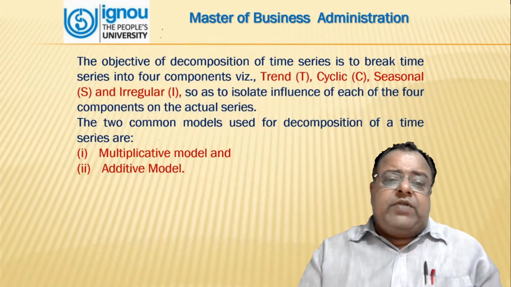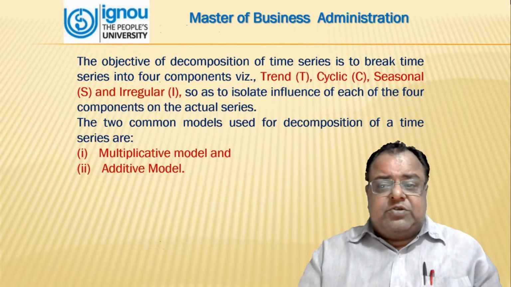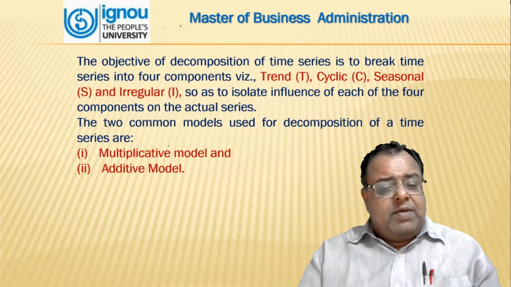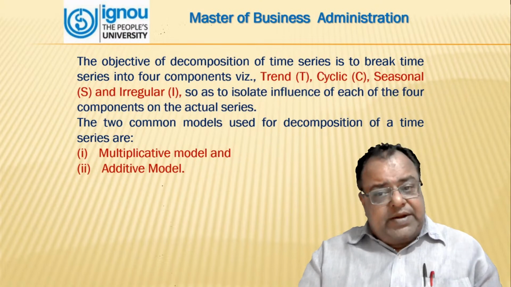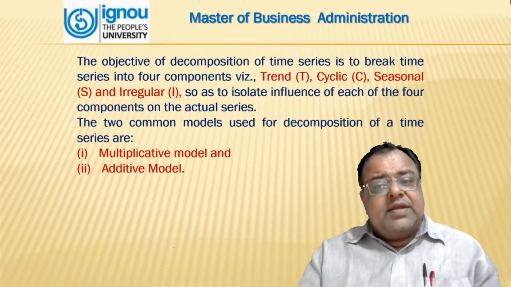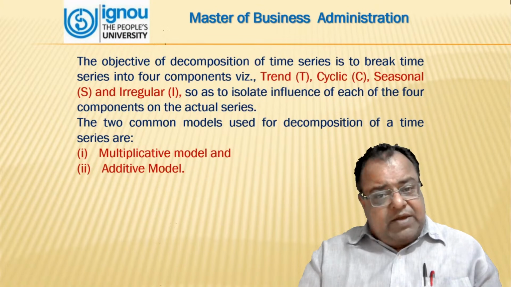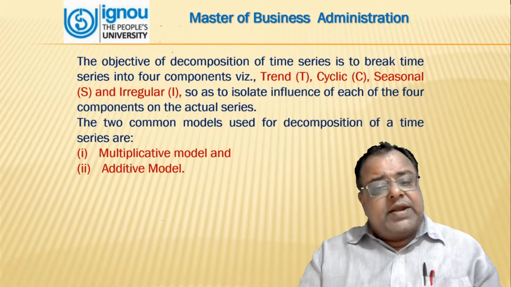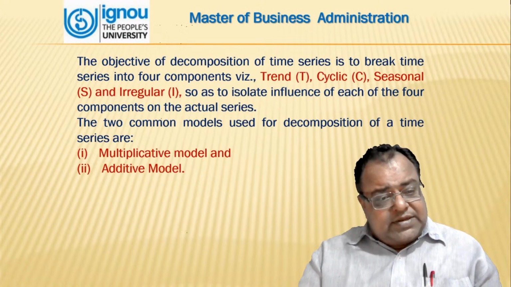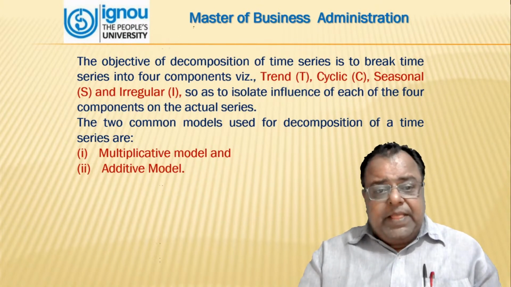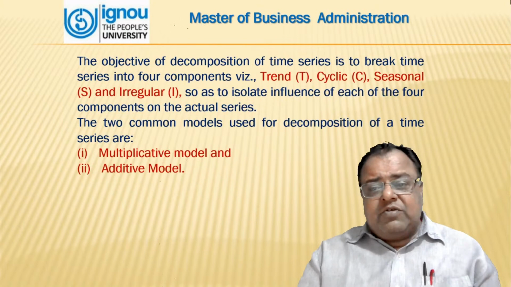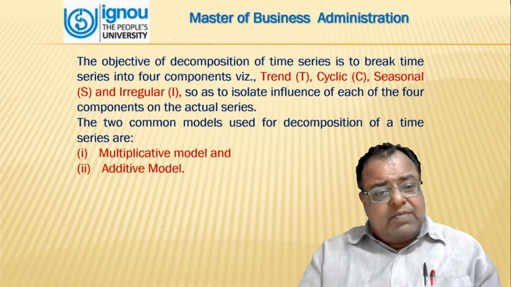The objective of decomposition of time series is to break the time series into four components, that is trend, cyclic, seasonal, irregular. Trend is denoted by T, cyclic by C, seasonal by S, and irregular by I, so as to isolate the influence of each of the four components of the actual series.